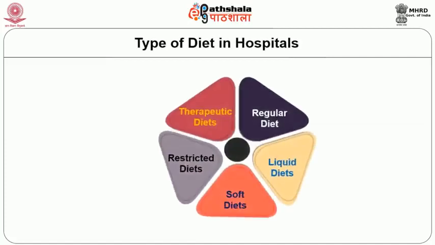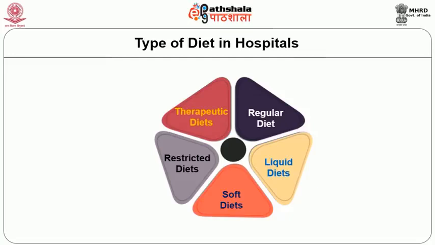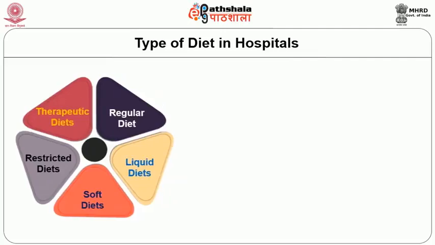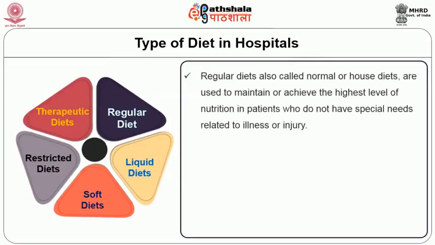The types of diets in hospitals depend on the patient's needs and restrictions and are comprised of the following in common: regular diets, liquid diets, soft diets, restricted diets and therapeutic diets. Regular diets, also called normal or house diets, are used to maintain or achieve the highest level of nutrition for patients who do not have any special needs related to illness or an injury.